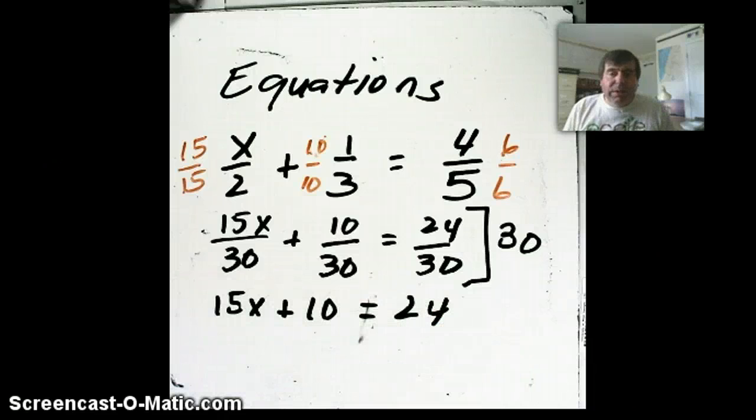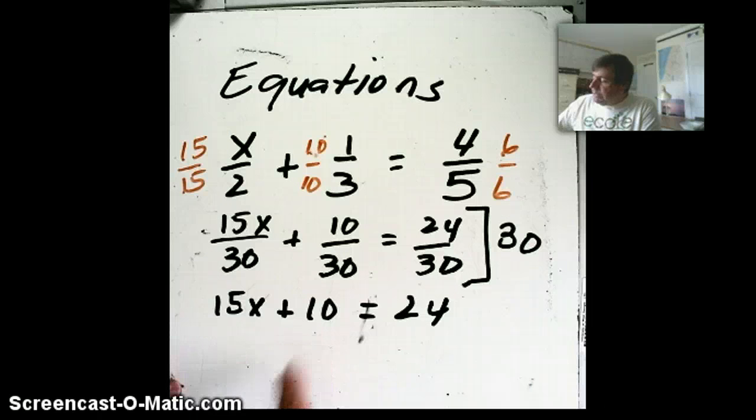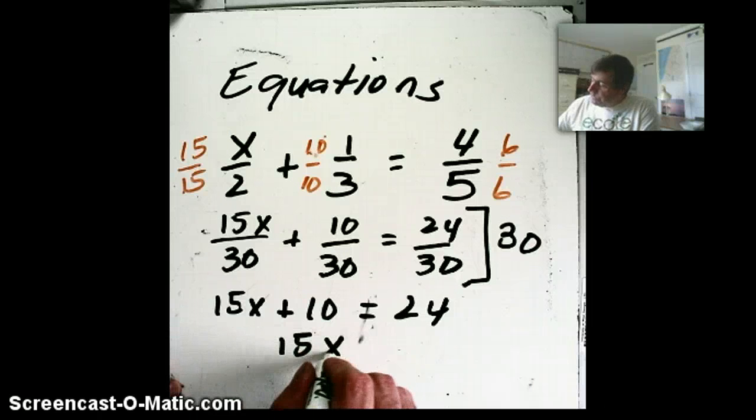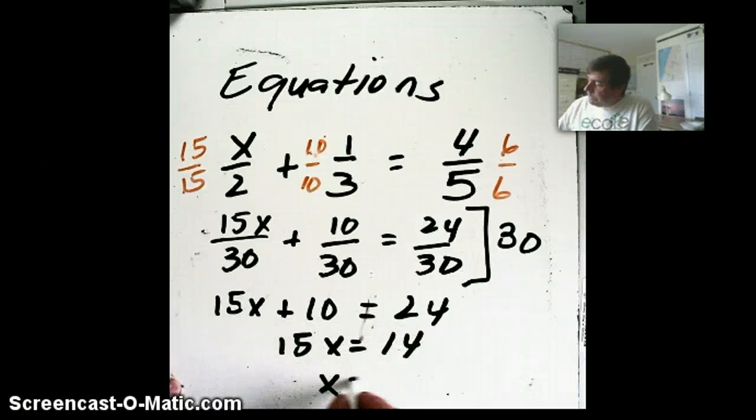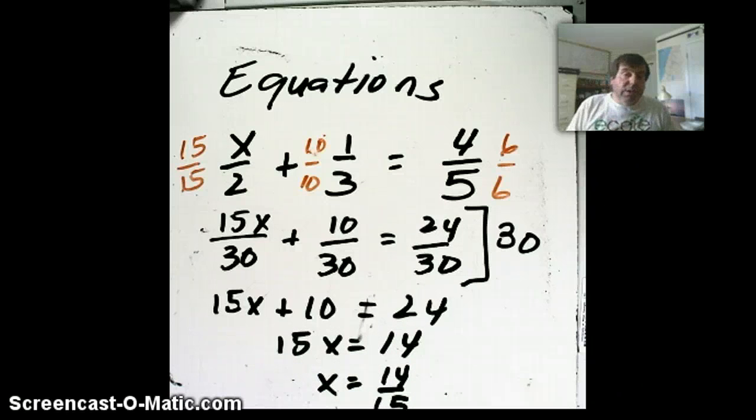Lo and behold, we have a two-step equation. So remember how to do that. Subtract 10. That will be 14, and divide by 15. Okay, now you could check your answer by substituting it back in. Now that is one way to solve that problem.